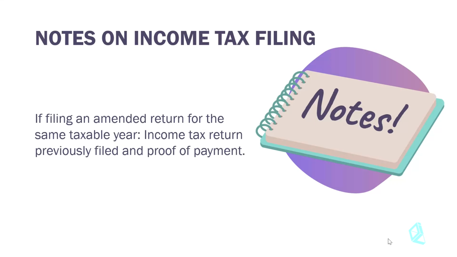So you just simply file the amended return and you attach the previously filed income tax return. Now, this is one way to avoid being penalized, because once the BIR sees or is able to audit your tax filings, that's when you will have to pay penalties, and the penalties will be quite heavy, and we will discuss those penalties later.